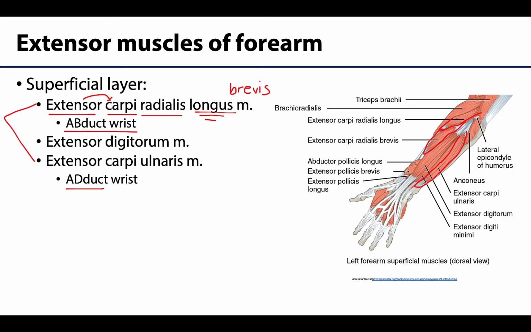You also have an extensor digitorum, similar to what you had on the anterior side, but you only have the one extensor digitorum, and these will extend to the digits as part of these extensor expansions that you can see. That'll play a role in extension of the digits, or the joints of the digits.